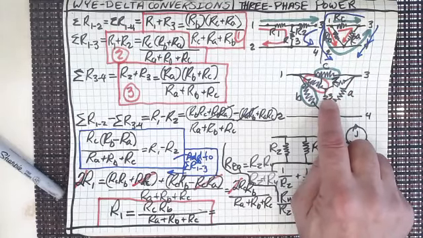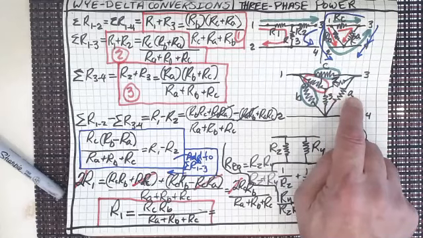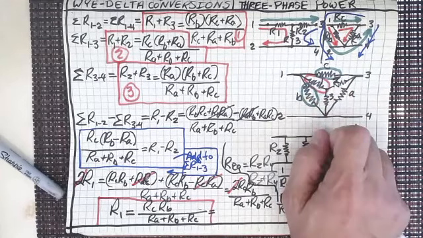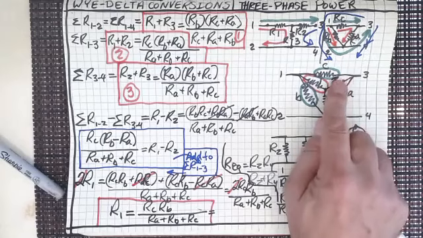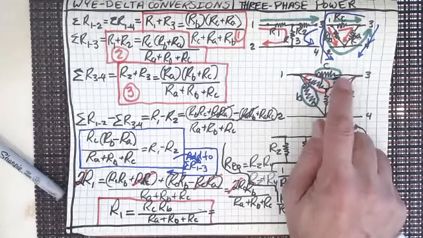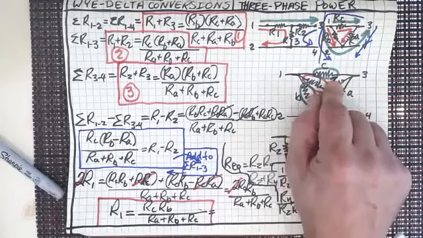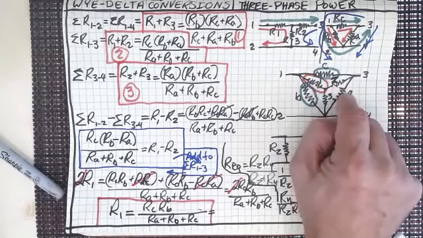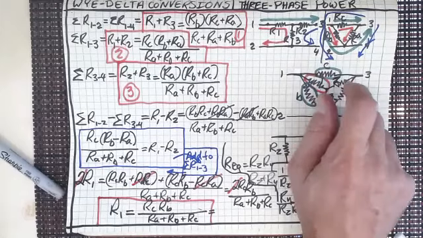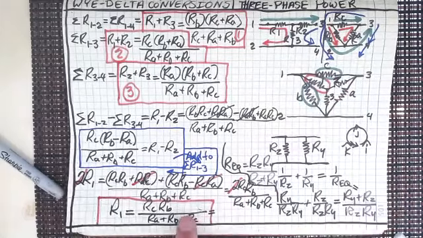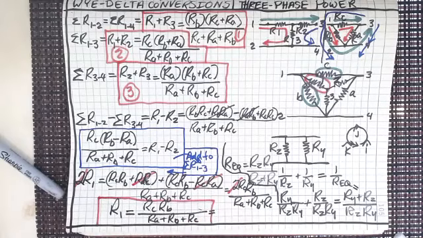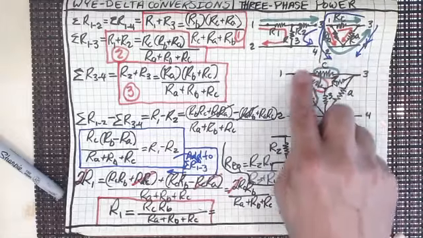R3 would be equal to R sub A times R sub B divided by the sum of all the resistors. What if we wanted to find R2? R2 would be equal to R sub C times R sub A divided by the sum of all of the resistors. Does everyone see the way this is working?